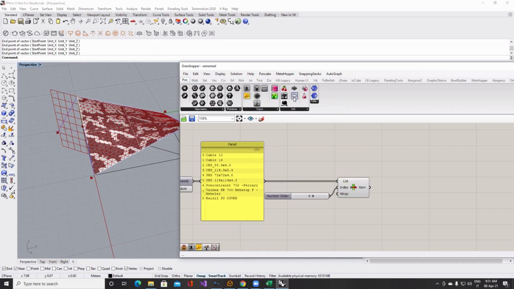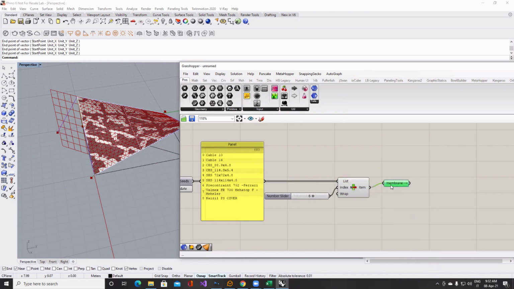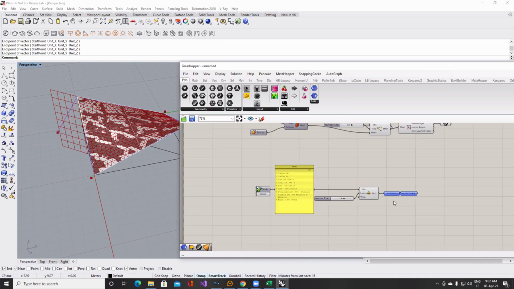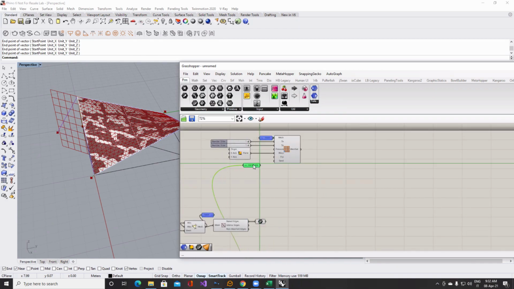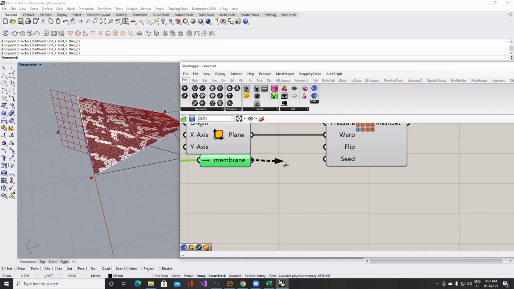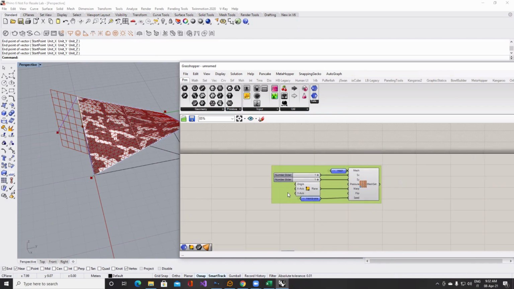And then using telepathy, we input it to the telepathy and get the seed element down here. So this one here, I would group it, Control G to group it.